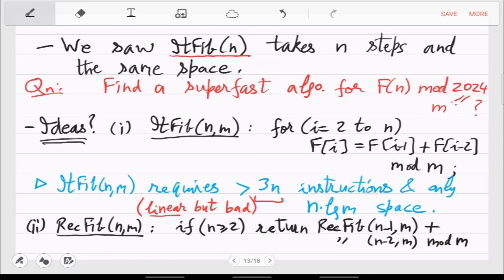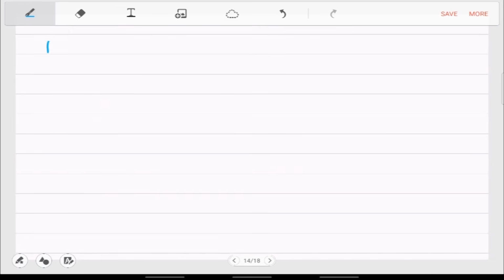And the boundary condition you handle as base case, which is you just have to output n, 0 or 1, when n is 0 or 1 respectively. So this is much worse as expected.